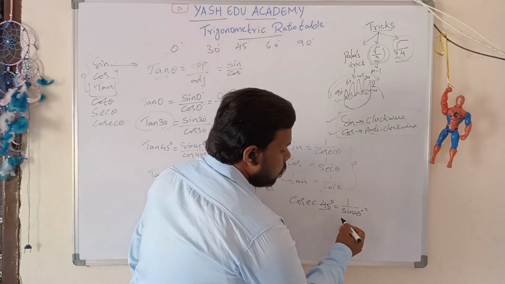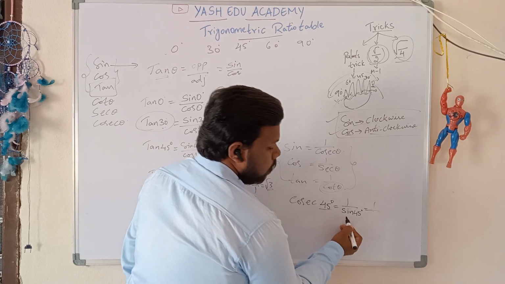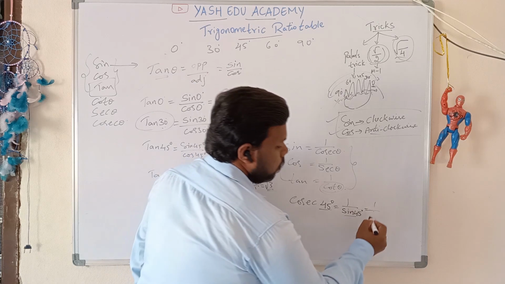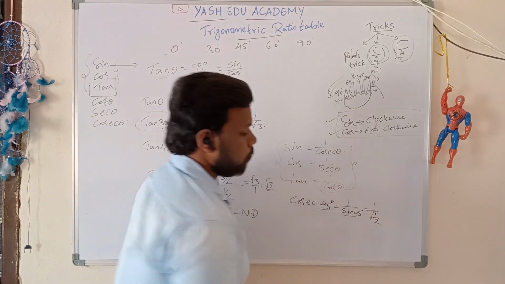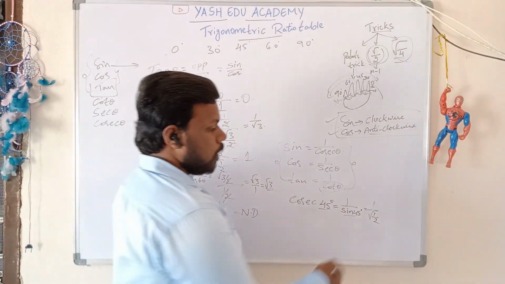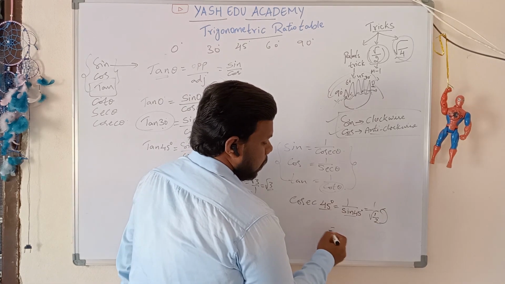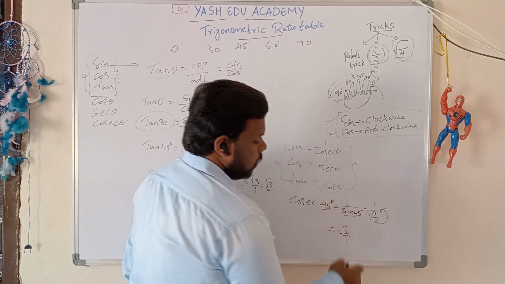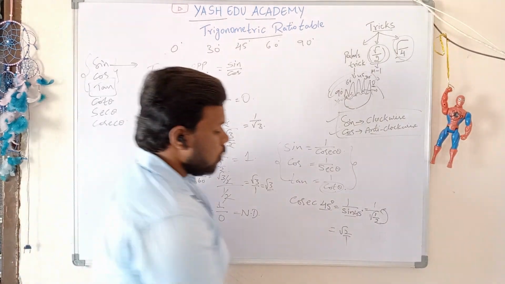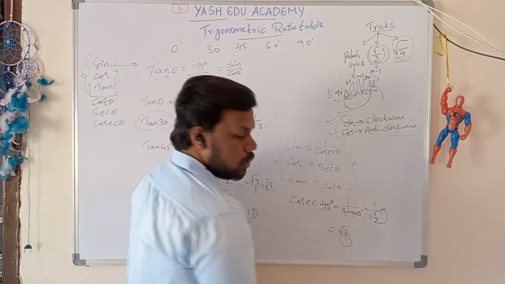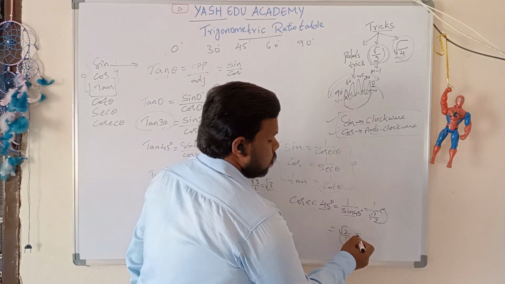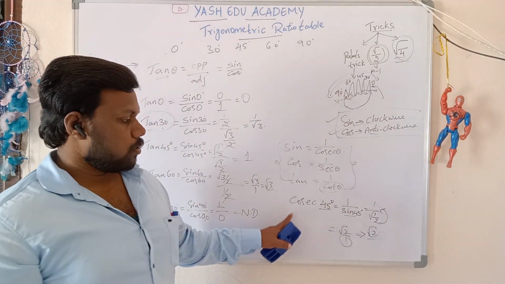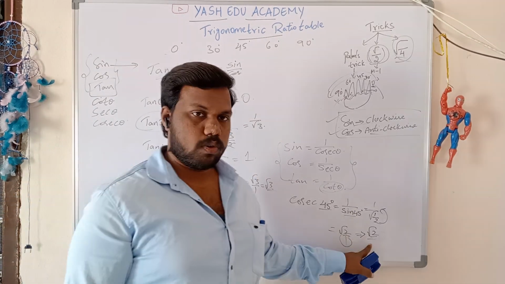What is the value of sine 45? Root of 1 by 2. So 1 by root 1 by 2. Or else inverse the value. That means root 2 by 1 will come. If the denominator is 1, we need not write it. So the final answer is root 2.